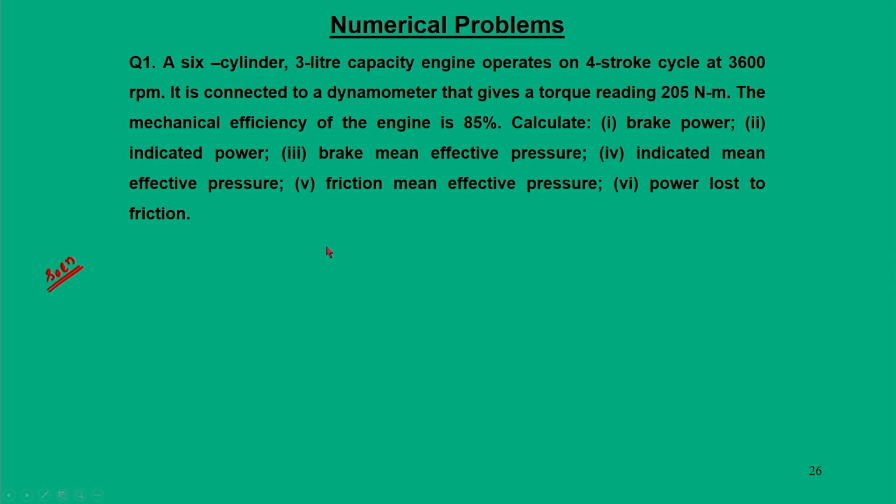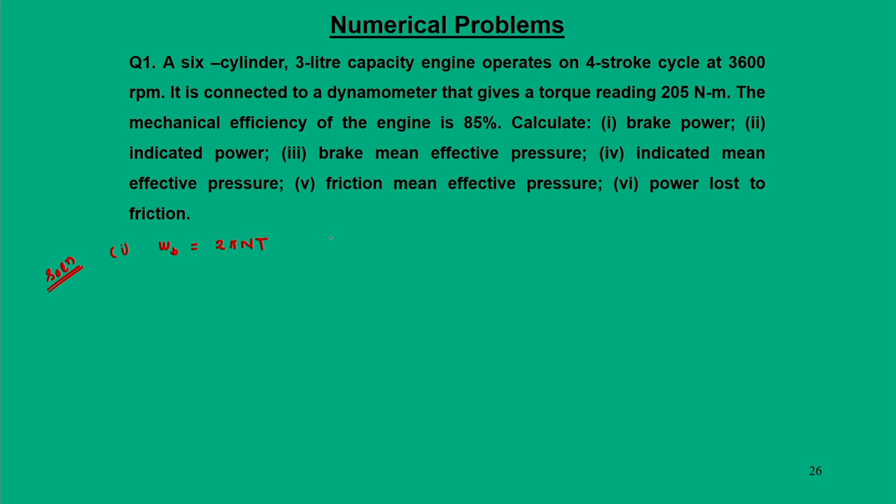So, let me start the first problem. We need brake power, that is W dot B, that we can write as 2 pi N tau. This expression I have given in the lecture slide.